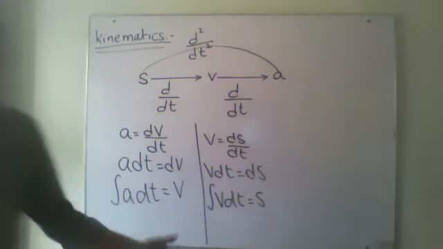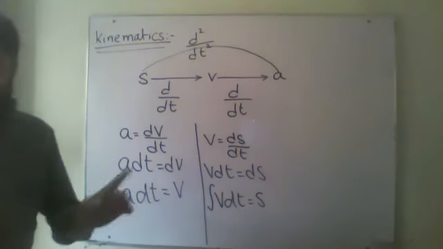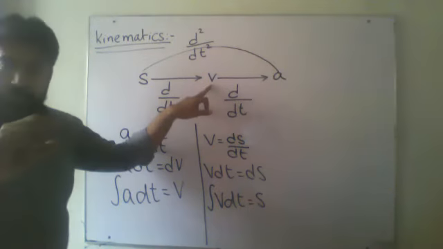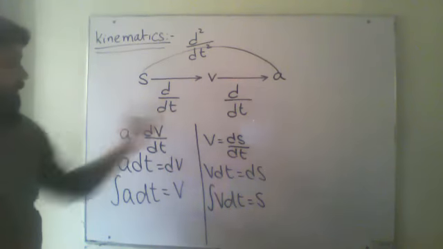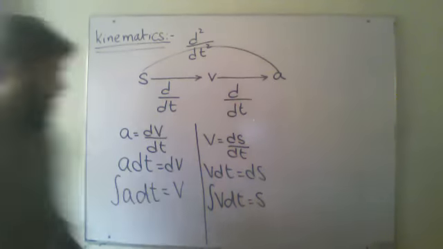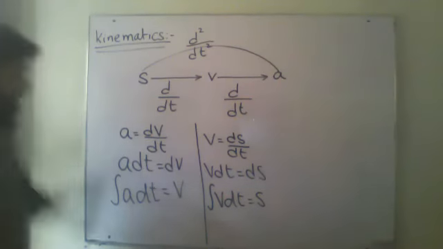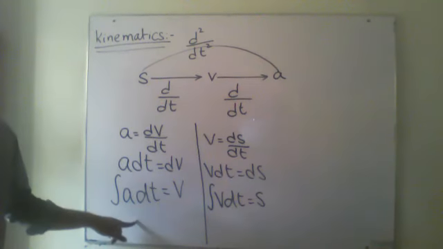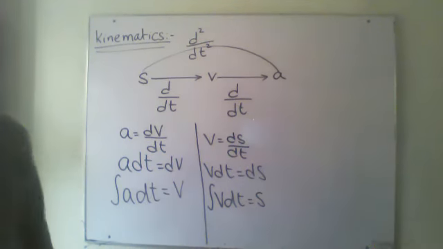So there are two combinations. If a lower quantity is given and you have to move to a higher one, S is given and you go to velocity, differentiation; velocity is given and you go to acceleration, differentiation. If higher quantities are given and you have to move to lower ones, acceleration converted to velocity, you go for integration; velocity converted to displacement, you go for integration.